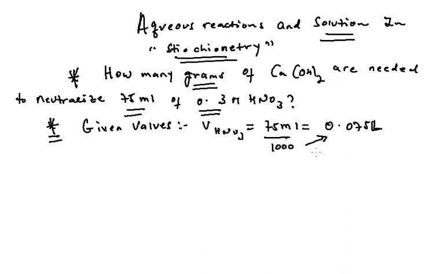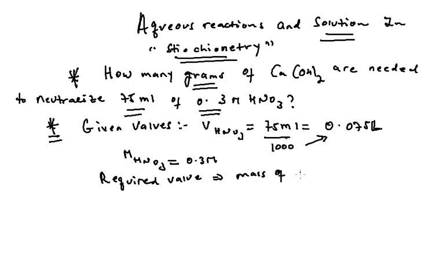We also have the molarity of nitric acid, which is 0.3 molarity. The required value is the mass of calcium hydroxide. We don't know how much calcium hydroxide we need here.